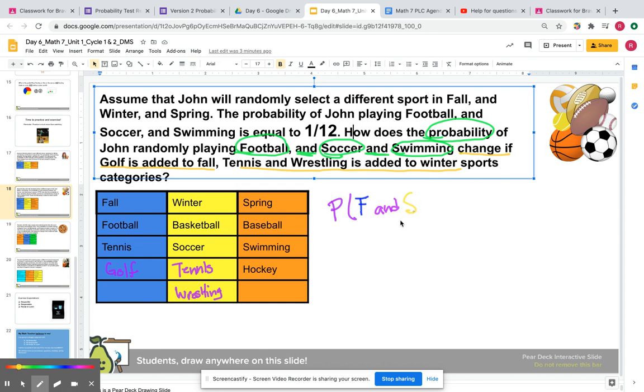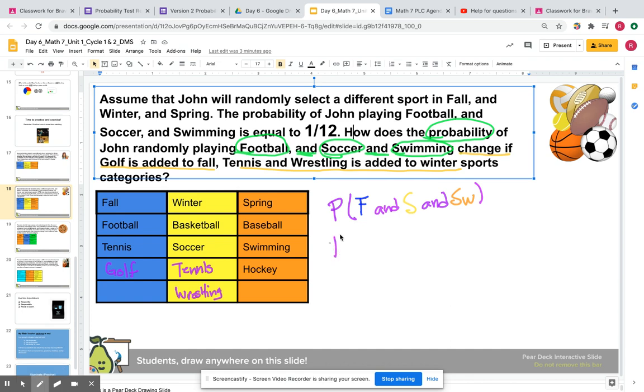S for soccer. And we're also finding the probability of picking swimming. Let me use orange. SW for swimming. So what is the probability of choosing these three sports?